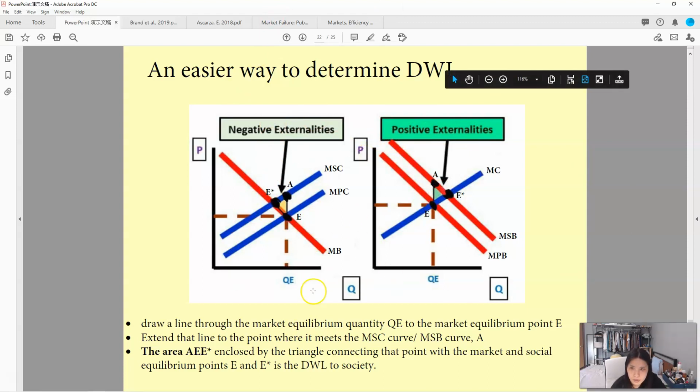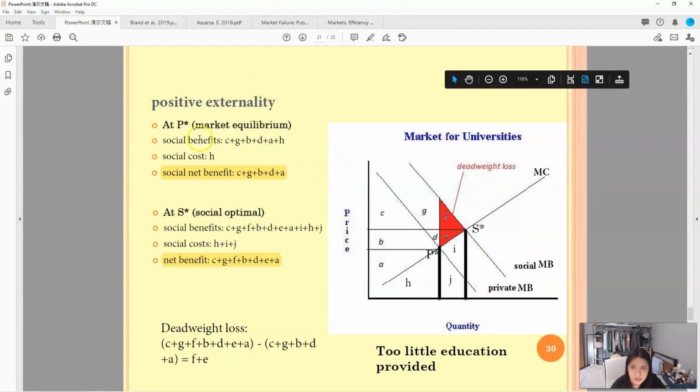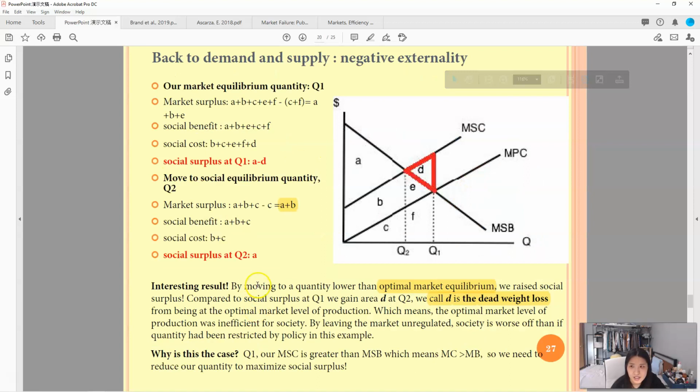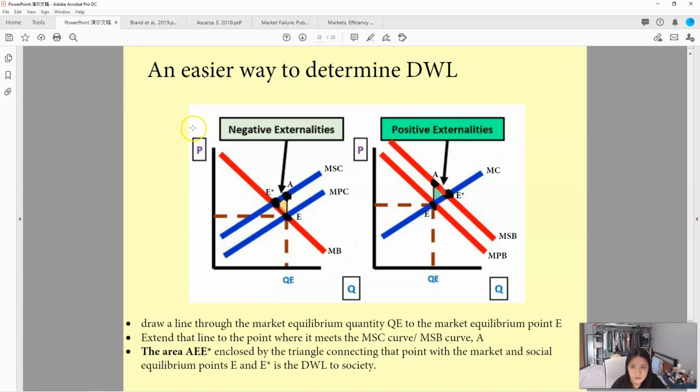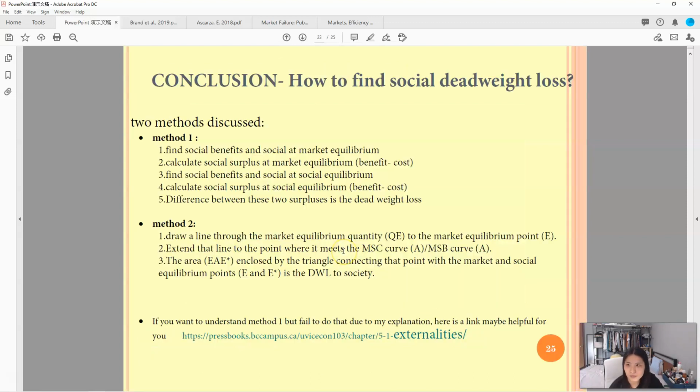So this way would be much easier and clearer than the calculation here, I believe, but it's only useful when you are very familiar with this method and you want to save more time. So, conclusions about how to find the social deadweight loss.